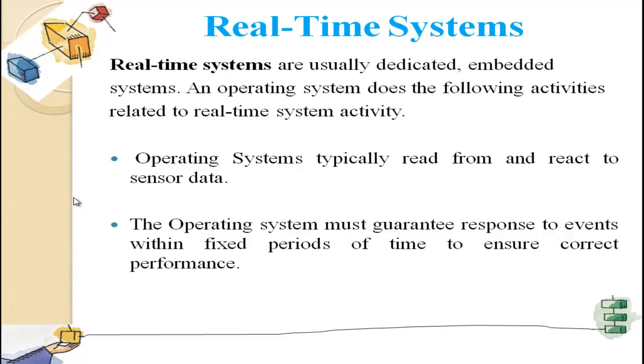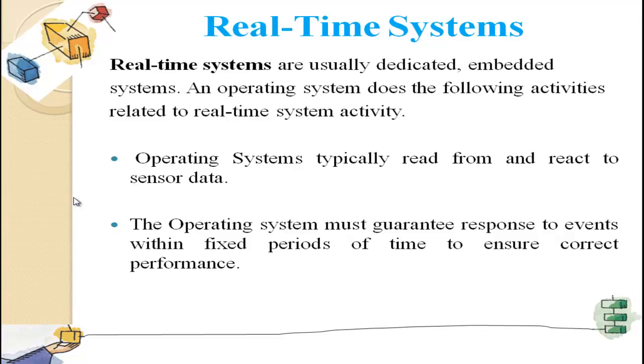Another example can be sensors. From sensors we read data, or I can give the example of the flight management system. The flight management system reads data about flights. For example, a flight is going from Srinagar to Delhi.